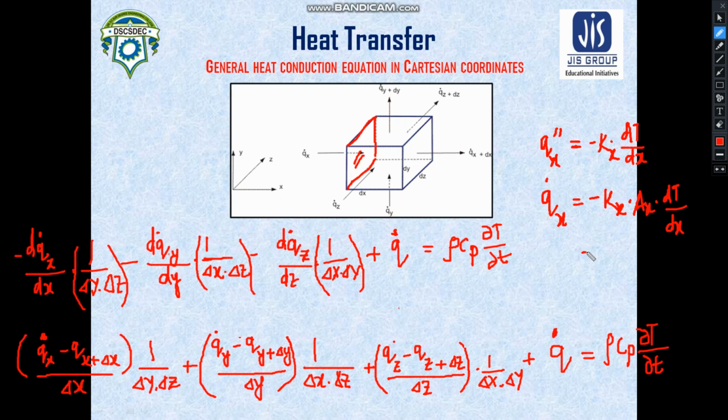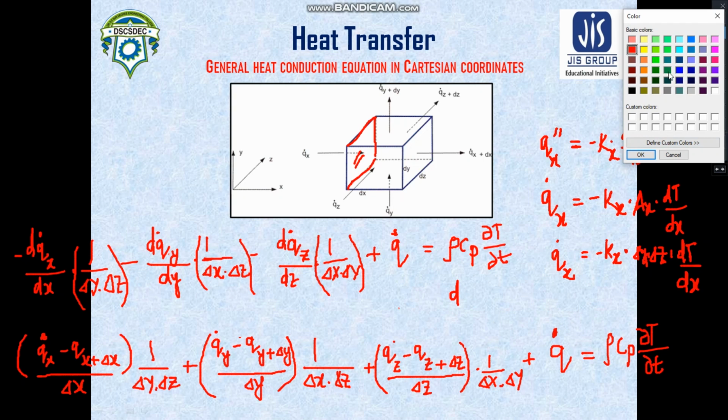So it will be nothing but minus kx delta y delta z into dT/dx, right? I hope you are able to understand it completely. After understanding this, if we differentiate this quantity with respect to dx, then what will be the end answer?